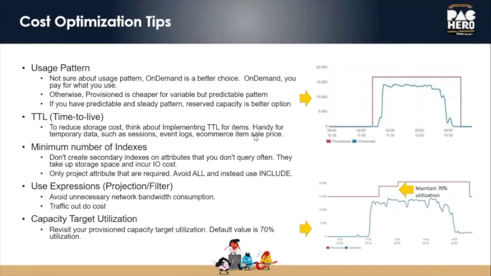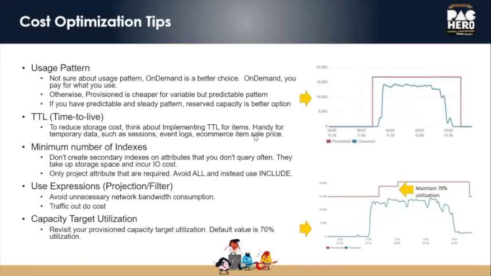Again, there was a small increase in my consumed capacity, and it increased the provisioned capacity a second time to maintain that 70%. But if you look at the whole graph, I don't go above 15,000 read capacity units or write capacity units in this case. But now I'm getting charged for roughly 20,000 write capacity units for that period.